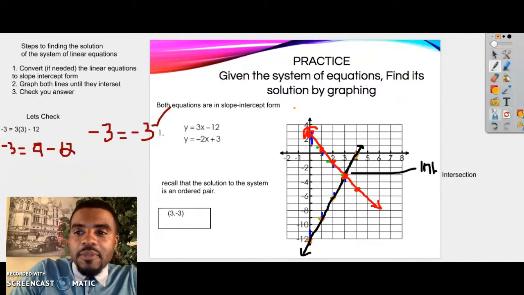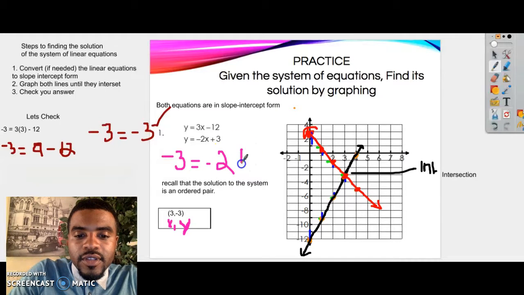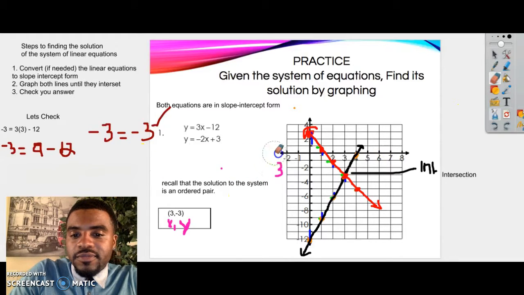So the same thing has to happen for the other equation. Again, this is our x and we have our y. So our x is 3 and our y is negative 3. So this will be negative 3 equals negative 2 times 3 plus 3. Bear with me, I decided not to type that for some reason.